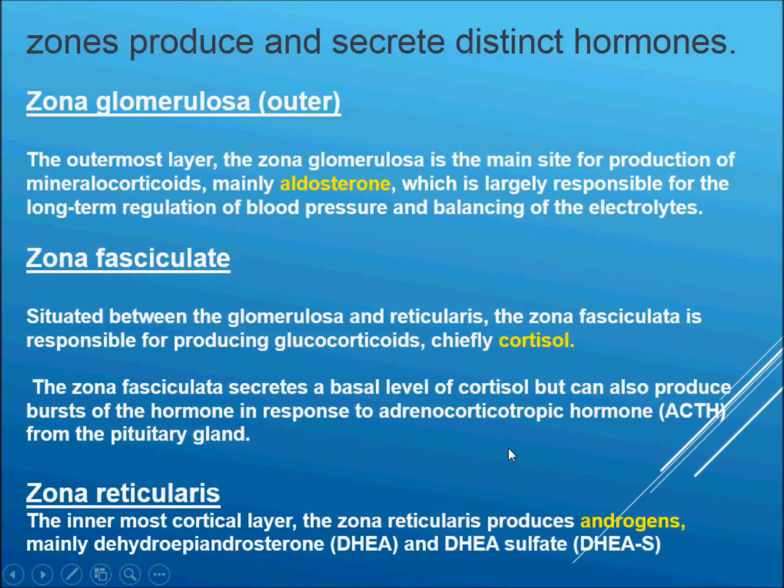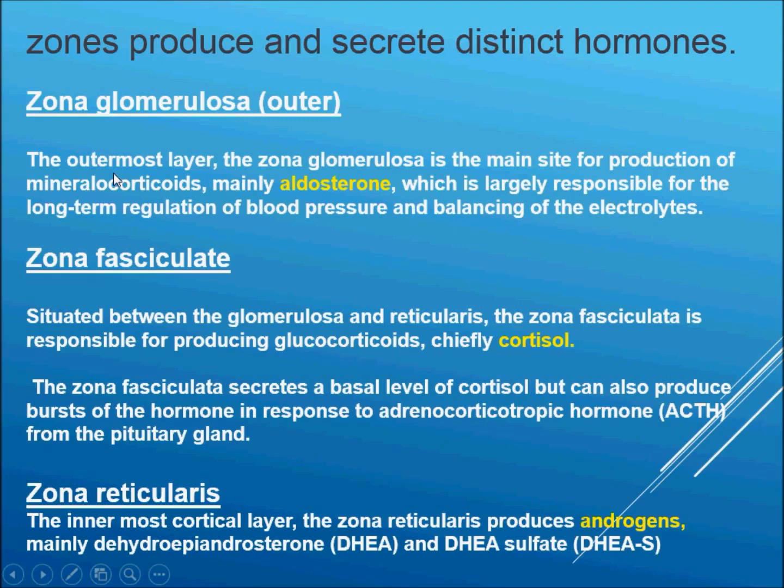Now, as I told you, your adrenal gland has zones. So zones produce and secrete distinct hormones. Okay, so the outer layer is known as Zona Glomerulosa, which is the outermost layer.